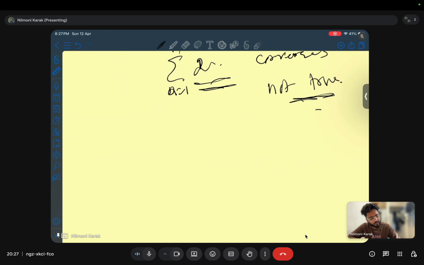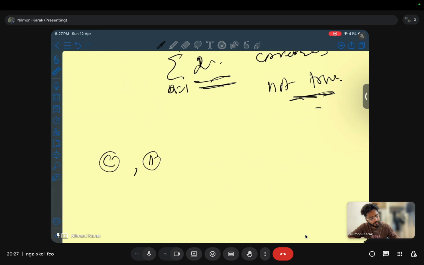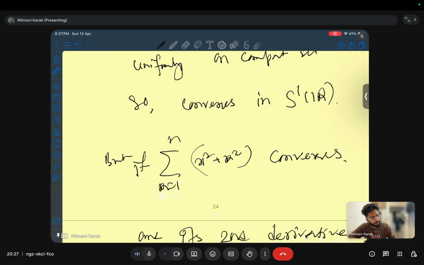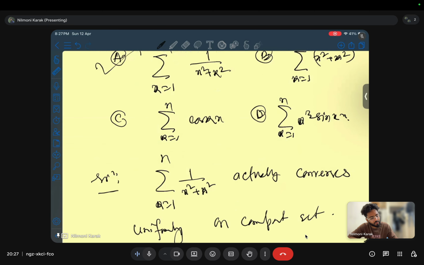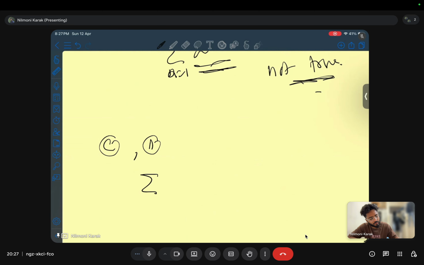Okay. And for C and D, sum k equals 1 to n cos kx, I just usually sum this and bound this. Usually this is convergent uniformly on compact sets.